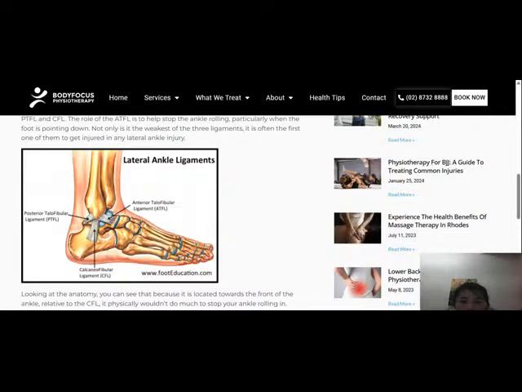In severe cases, there is complete ligament rupture, with significant swelling and instability, and the patient can't bear any weight. Usually the recovery will be 8 or more weeks.